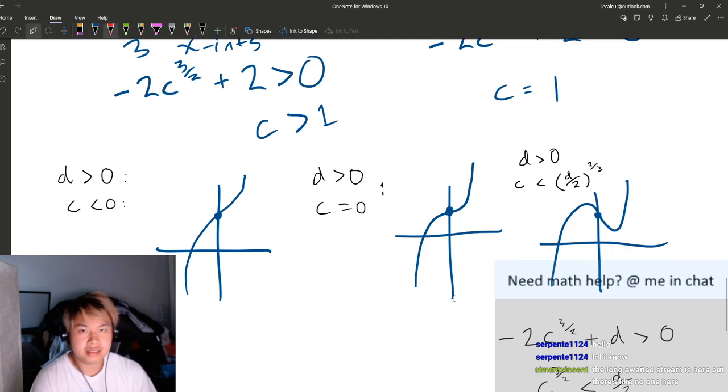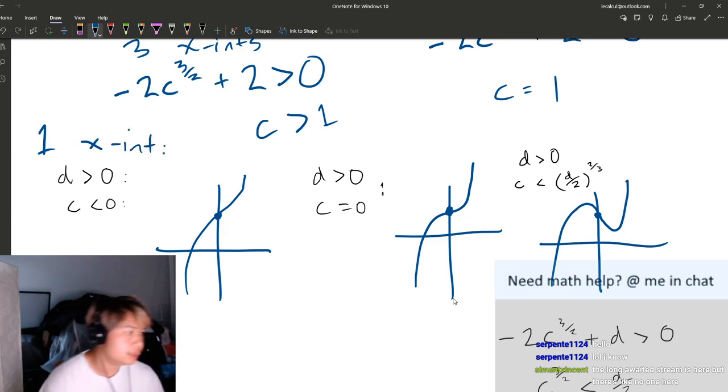Okay, so again, this is exactly for one x-intercept. So that's 3 scenarios.